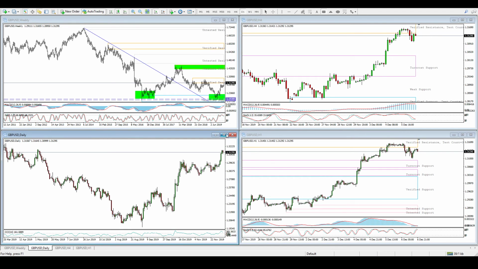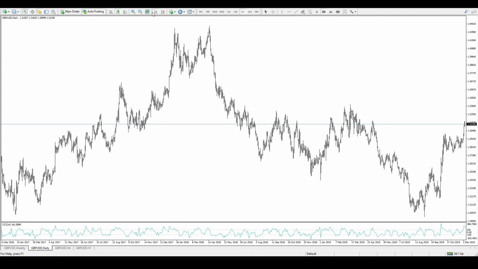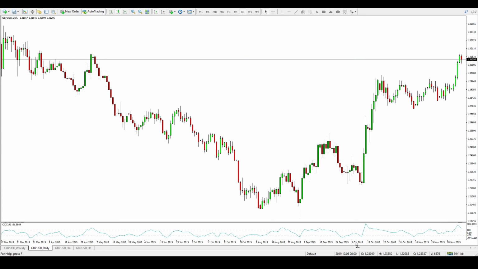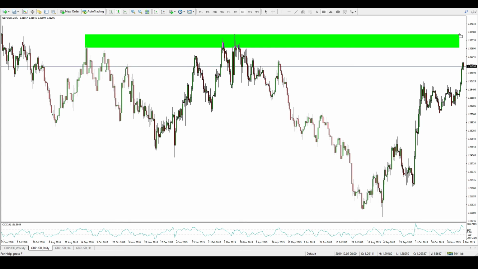Okay, this is good. This is this year right here. All right, let's see. This looks like a very, very strong resistance right here.